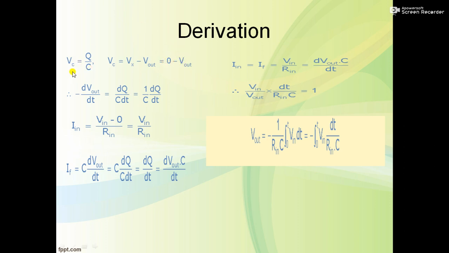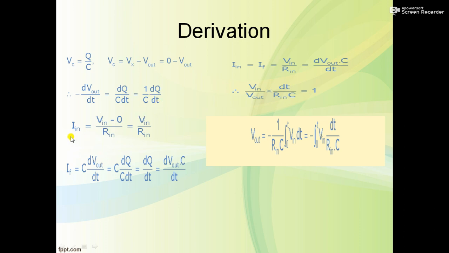So finally Vc is equal to minus Vout. Then when we differentiate both LHS and RHS, minus dVout by dt is equal to, instead of Vc, dq by C into dt, or 1 by C into dq by dt.